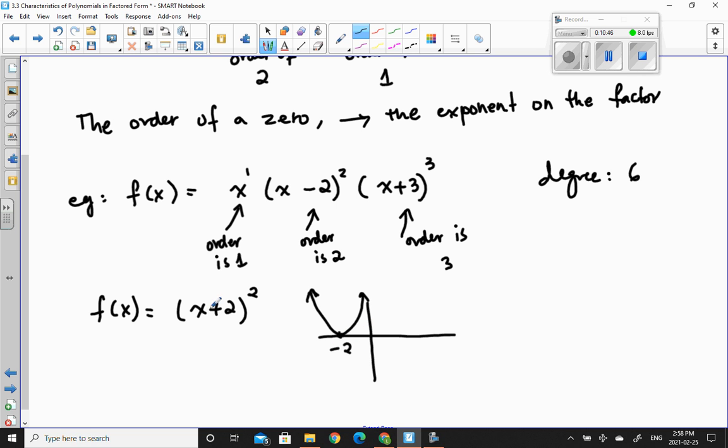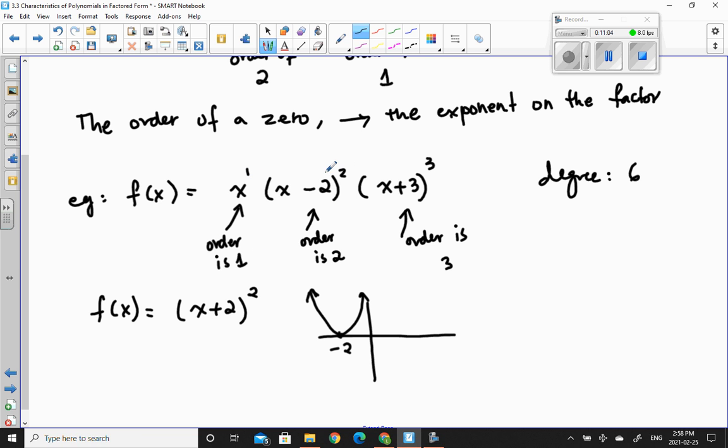So the 0 is -2, and it will have the parabolic shape. If you look at our example up here, because it is an order of 1, it's going to pass through that point like a linear graph.